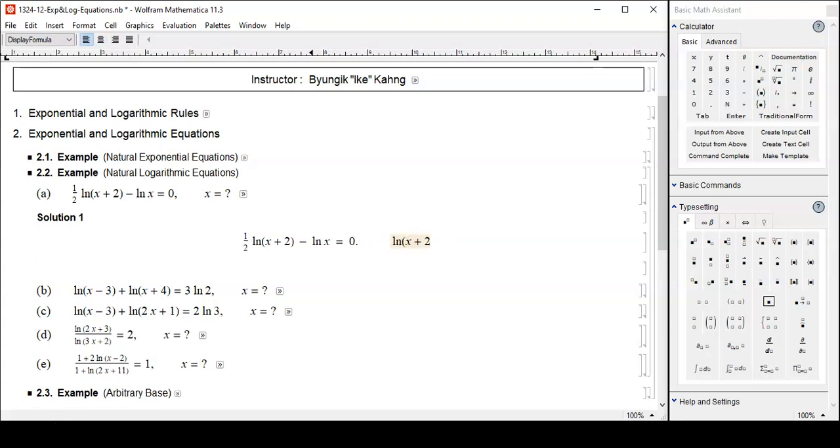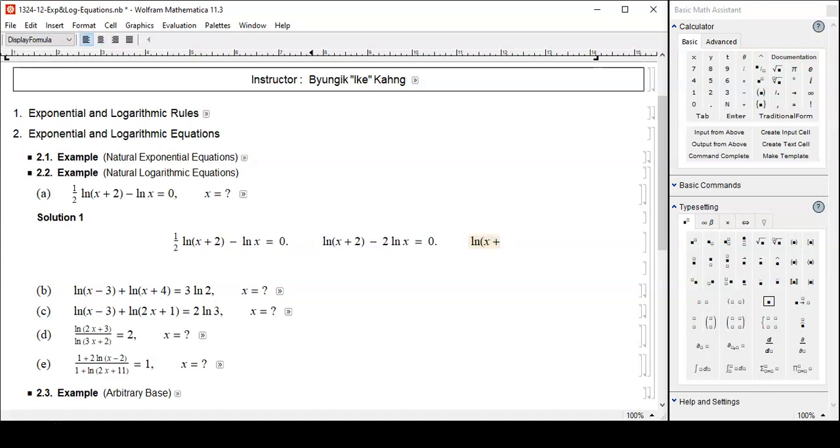Log of x plus 2 minus 2 log of x is equal to 0. You see, multiply by 2, so you have 2 log of x. Multiply by 2, 2 times 0 is just 0, so no change there. And then, let's take all these together as a single logarithm. How do I do that?